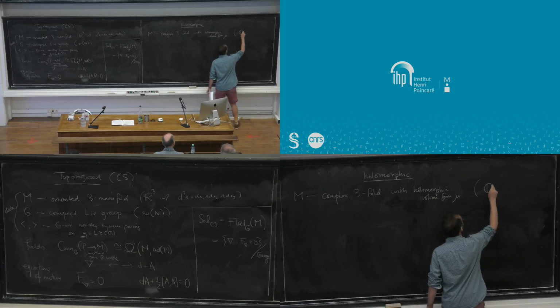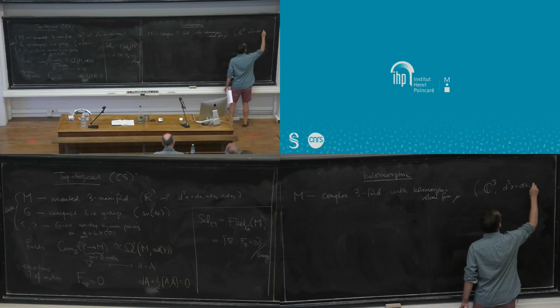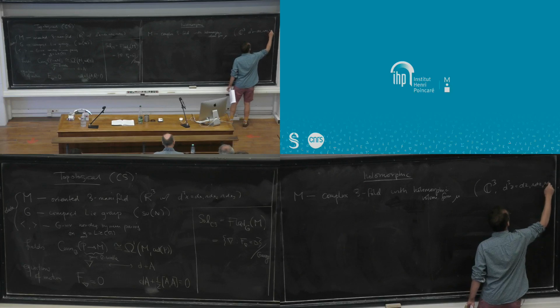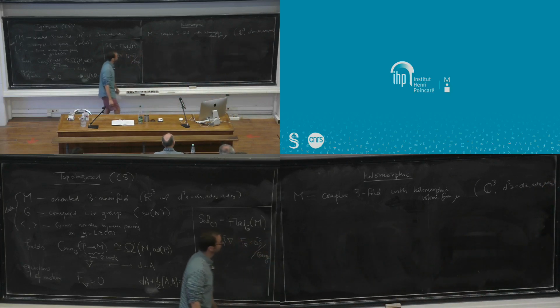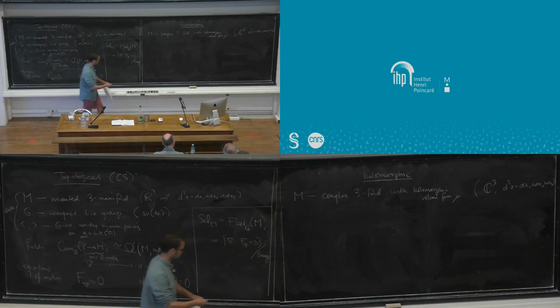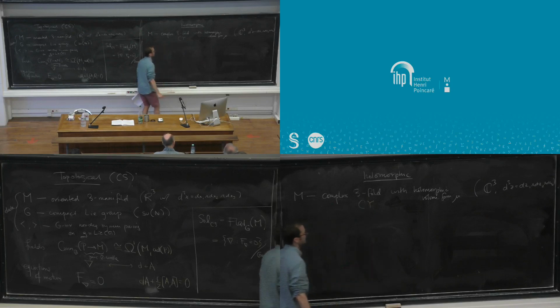So think about C3 with this volume form, for example. So this is sort of a weak version of a Calabi-Yau manifold.